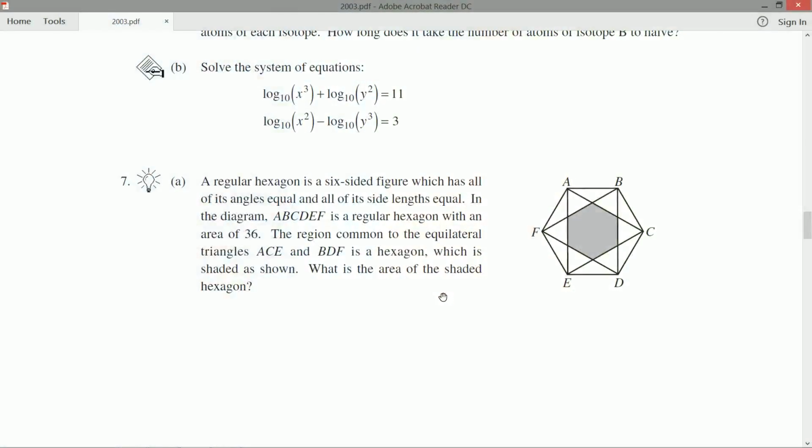But because I don't, I probably can't work out what length AB is. Great, we've got an area of 36, but I don't know how that relates to the side length of my hexagon. Oh well, I'm just going to go with my first instinct, and that is to redraw the diagram and start messing around with angles.